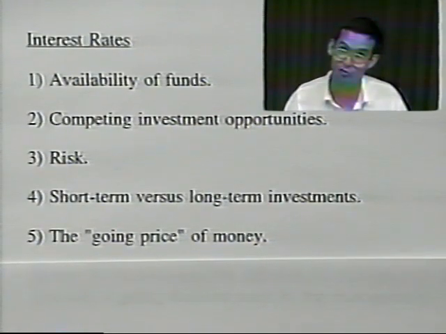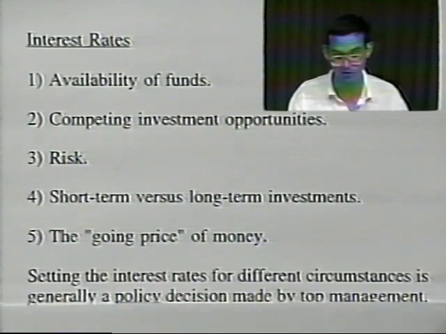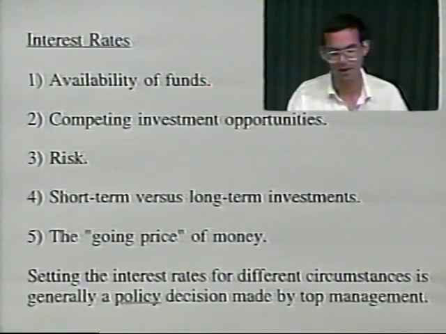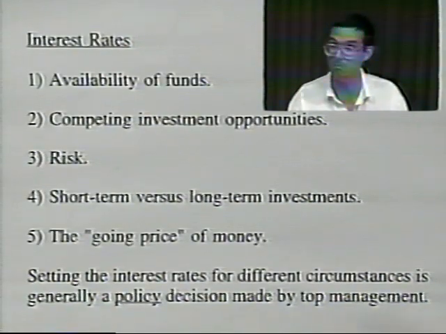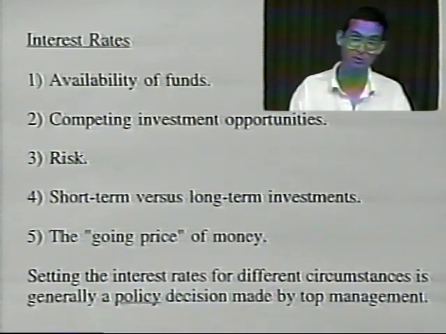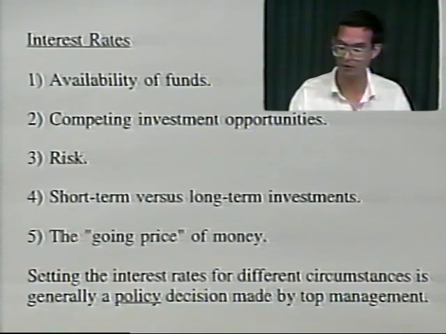So the decision of an interest rate, or interest rates to use in economic decisions, is really fundamentally a policy decision. And it's a policy decision that's fundamental to the company, that's fundamental to its survival, and the only people that can generally make it are top management, the president with advice of his financial and engineering officers.